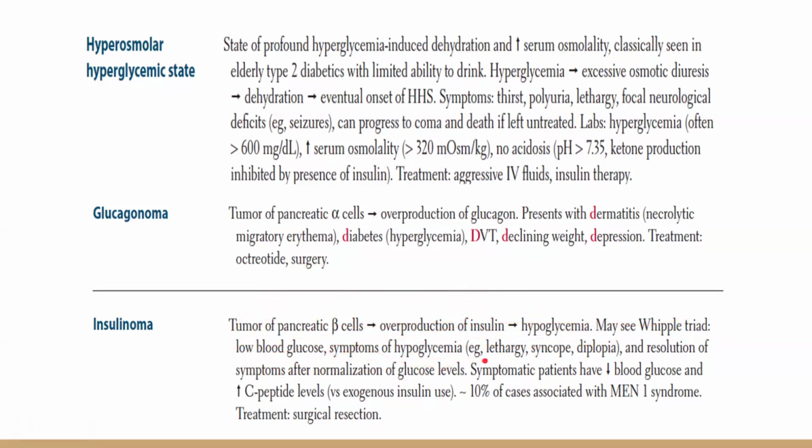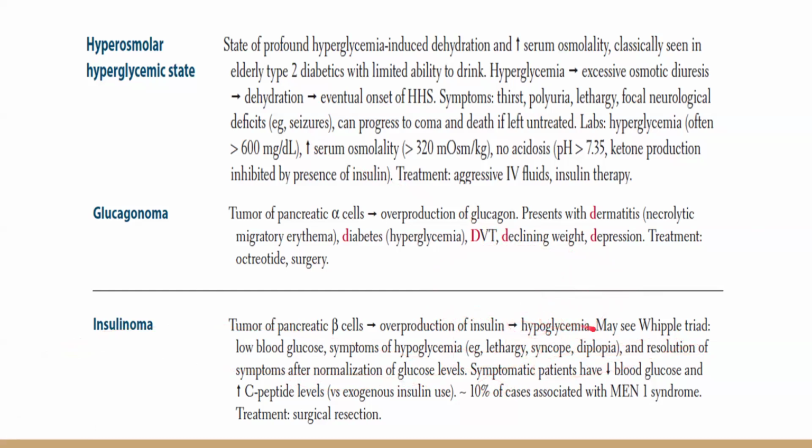Symptoms of hypoglycemia, so lethargy, syncope, which is like problems with, you think it's problems with the heart, and it affects the brain systems as well. So patients may faint and stuff. And diplopia is double vision and stuff, okay? And resolution of symptoms after normalization of glucose levels. So your symptoms will resolve basically whenever you return the blood glucose levels to normal.